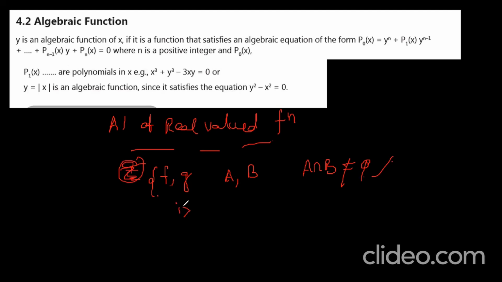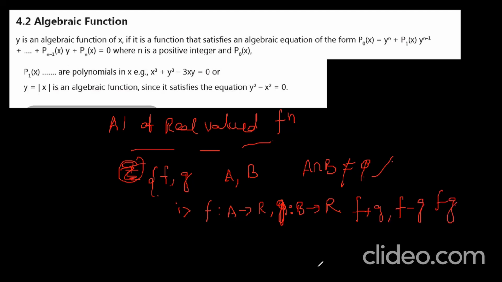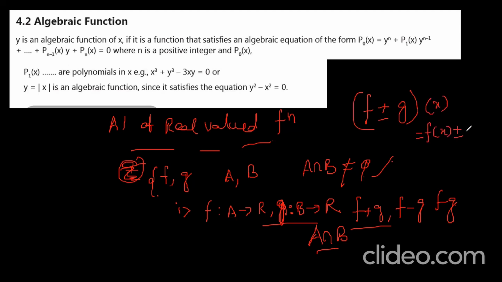Then what will happen? F maps A into R, G maps B into R. Then f plus g, f minus g, and fg are defined on A intersection B. So f plus or minus g of x is equal to f of x plus or minus g of x.